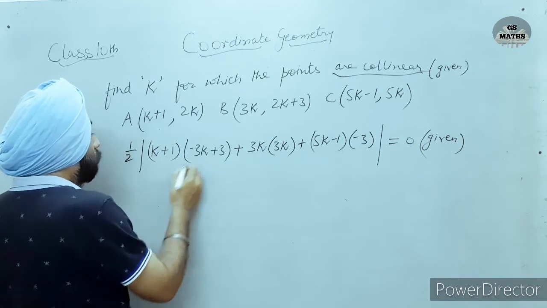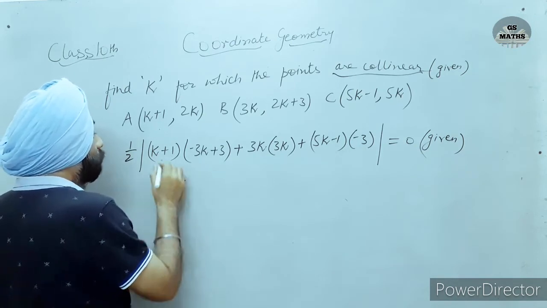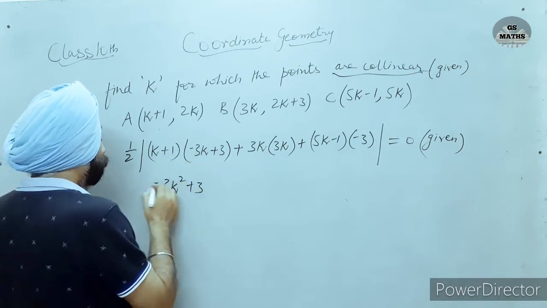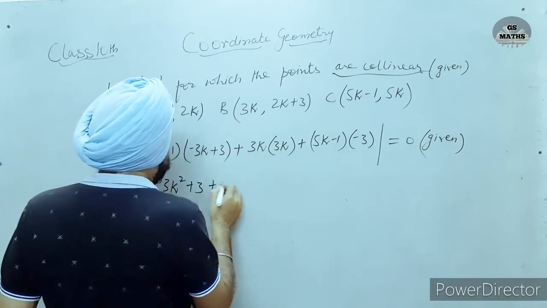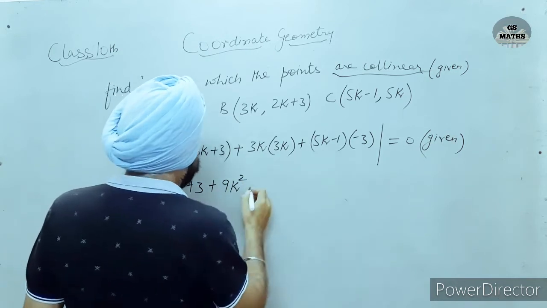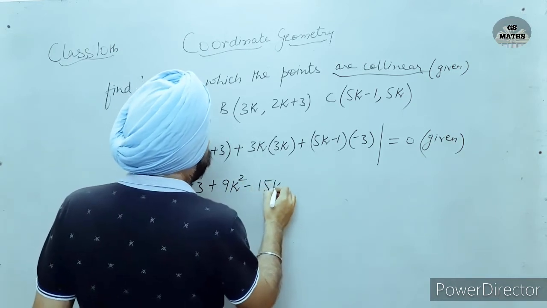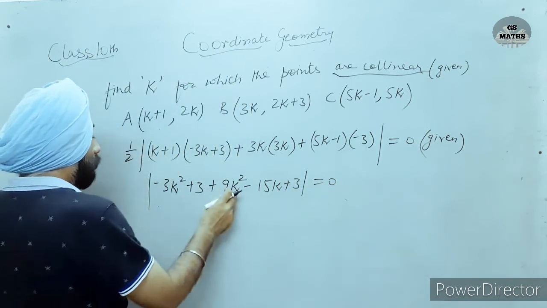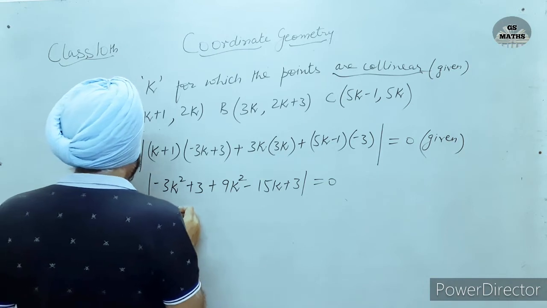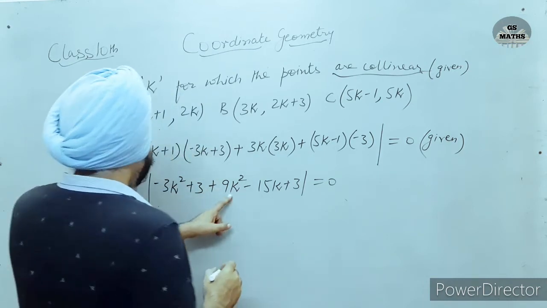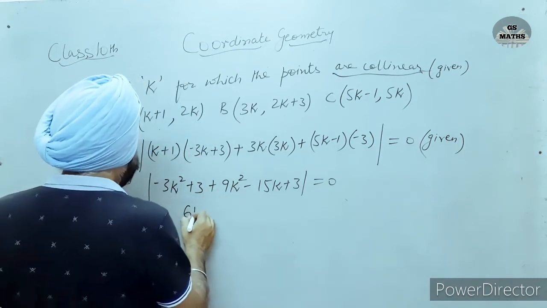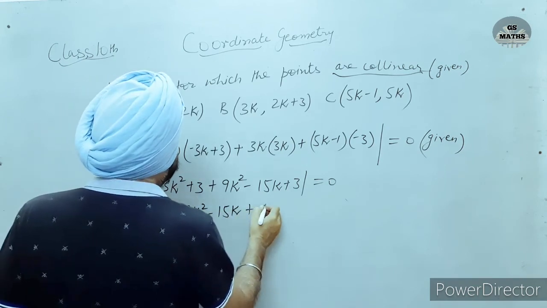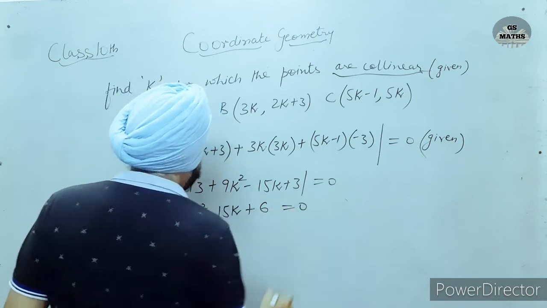Now open the brackets: minus 3k square plus 3k minus 3k cancels, plus 3 is left, plus 9k square minus 15k plus 3, this is equal to 0. 9k square minus 3k square is 6k square minus 15k plus 6, this is equal to 0.